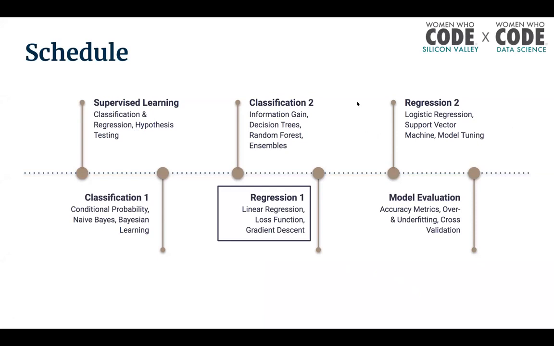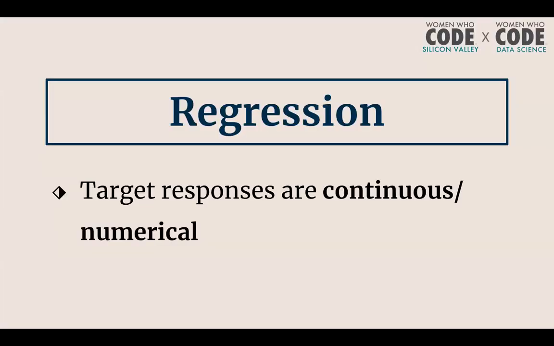And we also saw something called ensemble learning, which mixes models together, and how random forest is an ensemble of decision trees. This week, we're going to be checking out linear regression, which is our first regression function, and see loss function and gradient descent in the process.